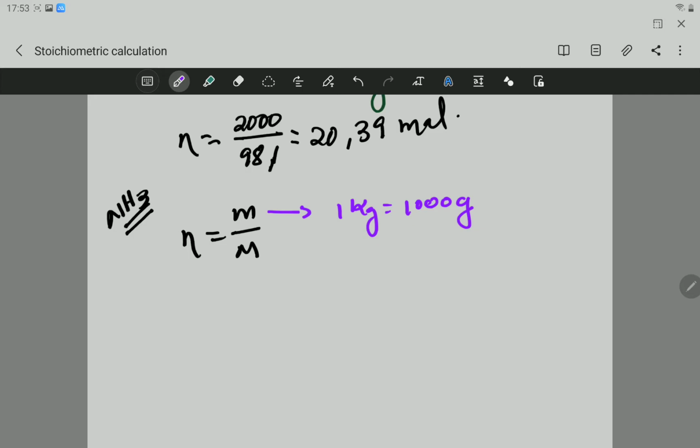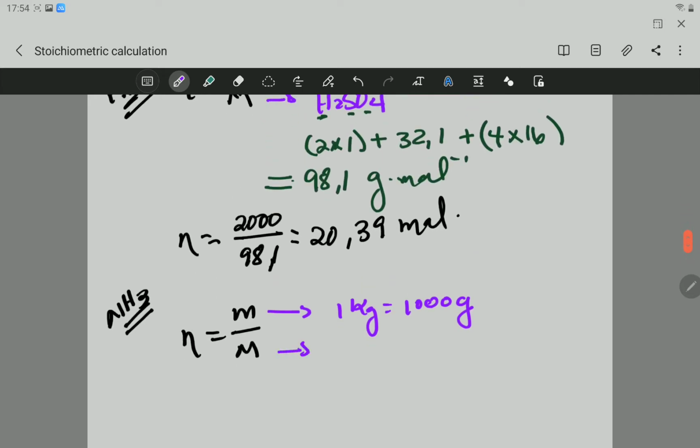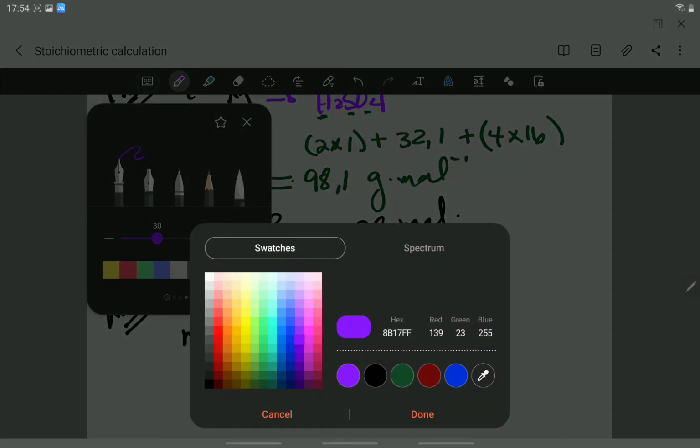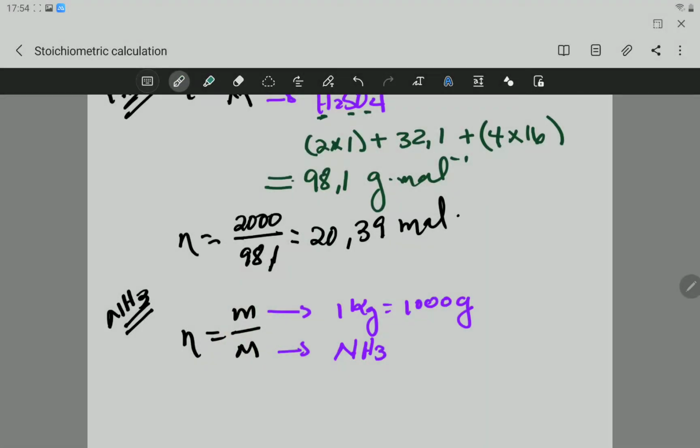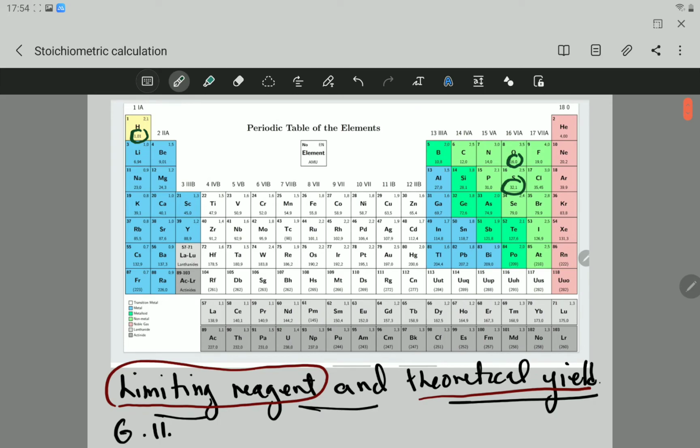And the molar mass for ammonia, remember, is NH3. We have 1 nitrogen and 3 hydrogen. So let's just calculate the molar mass for ammonia. Now, nitrogen. What is the molar mass for nitrogen? You go here, it is 14.